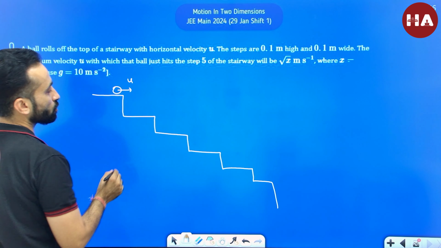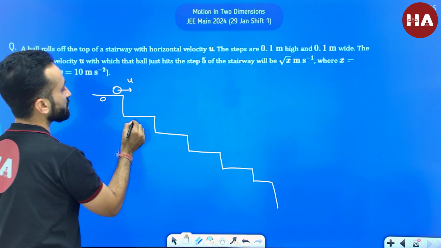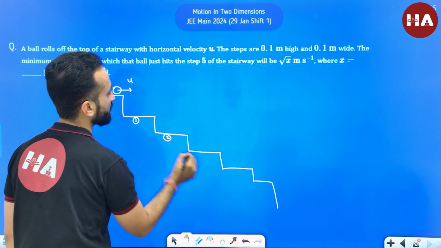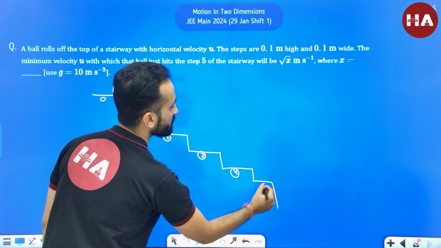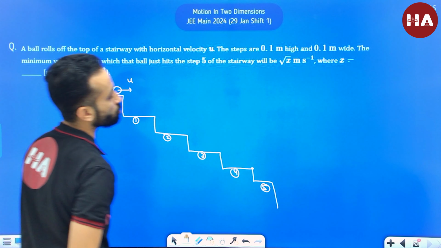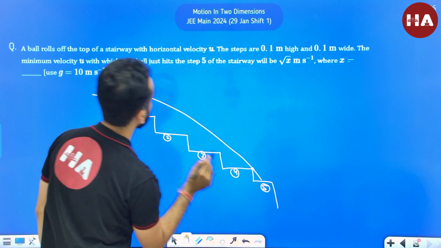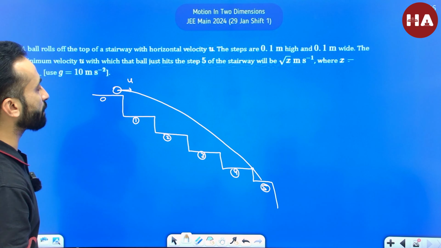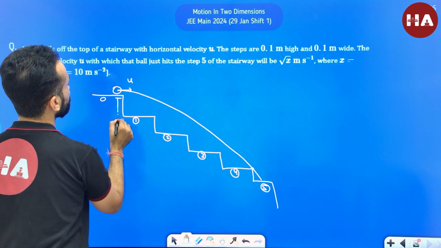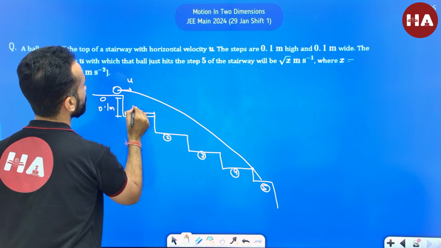All right, so this is not the stairway starting, it's like 0th step. This is the first step, this is the second, third, fourth, and we want to hit this step. So this point becomes crucial for us. Why? Because we want it to cross this point, because if it crosses this point, definitely it's hitting the 5th step.